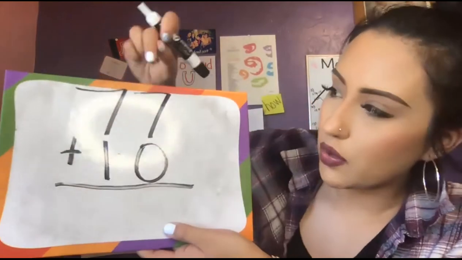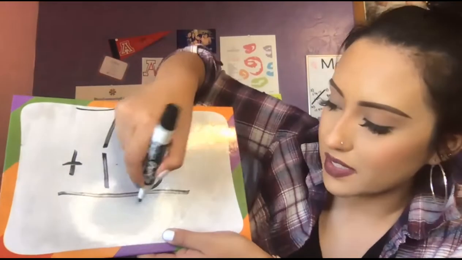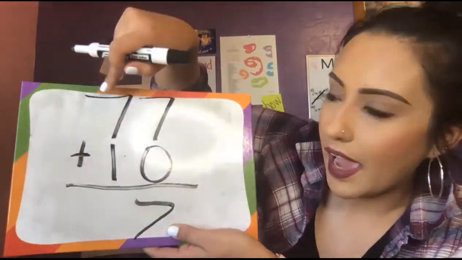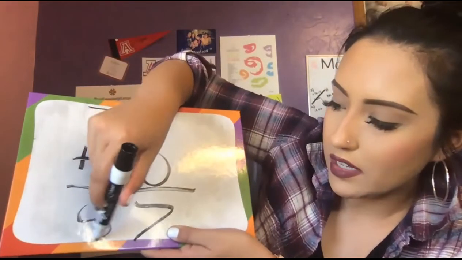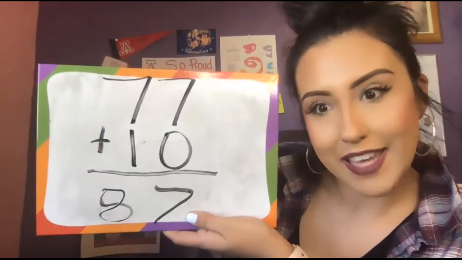Good. We can also check it if we need to by adding vertically. Okay, so adding up our ones, we have 7. And let's see, adding up our 10s spot, 1 and 7 makes 8, so 87, just what we got.